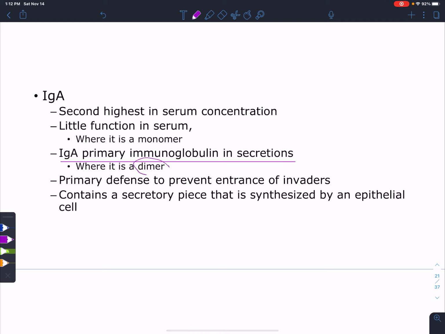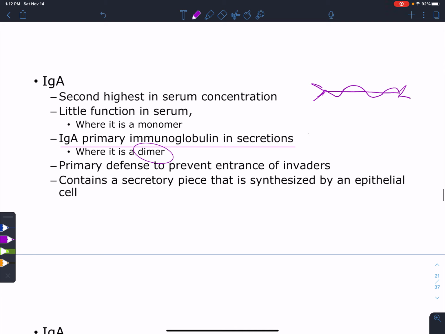And this is where it changes to that dimer, which you saw had those two hooked together with that protein on there. Again, they're in secretions. So this is tears, sweat. Also, it's in very high concentrations in breast milk.